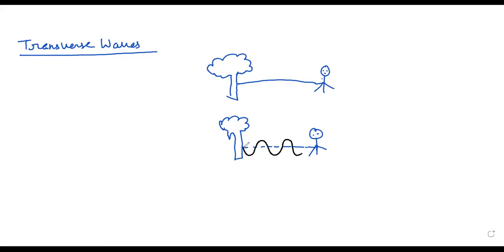If you remember that experience, you can also check with a rope. That is a rope with a jerk, and this is the rope without a jerk. There is no jerk, right? Now you can see the wave in which the particles, you can see the motion of the particles is perpendicular.